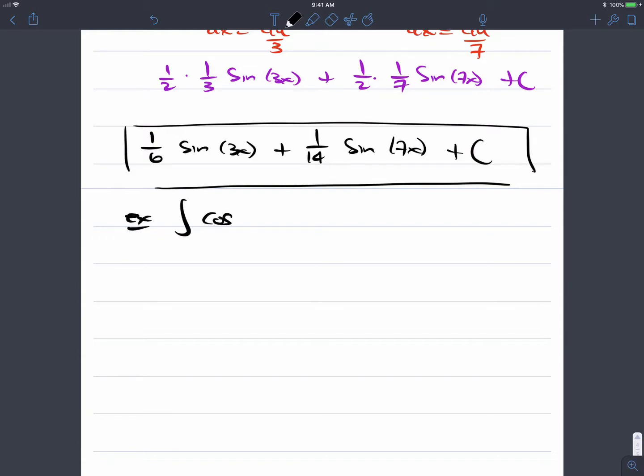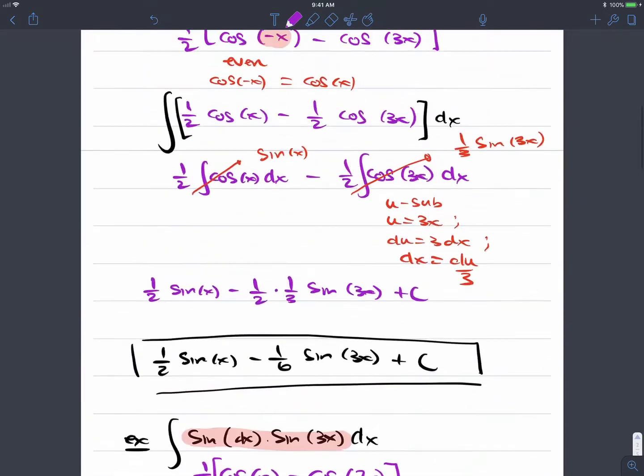We have cosine 4x times cosine of x dx. Okay, again, product of two functions, product of two cosine functions. So we're going to use our product to sum formula. We got 4x and x now.